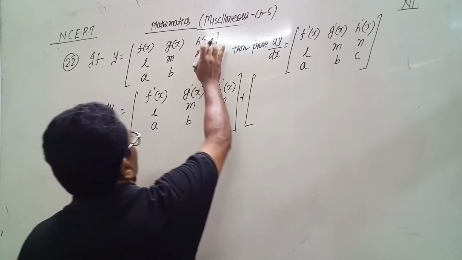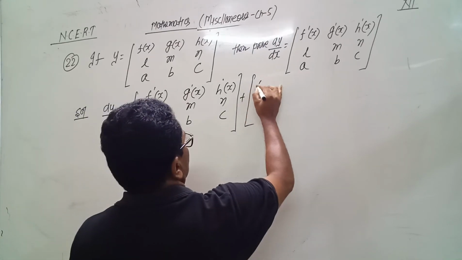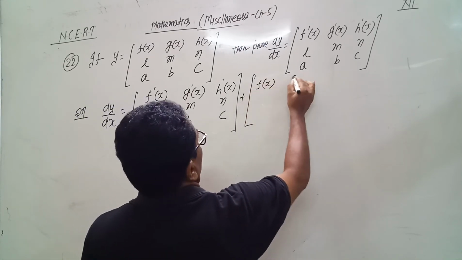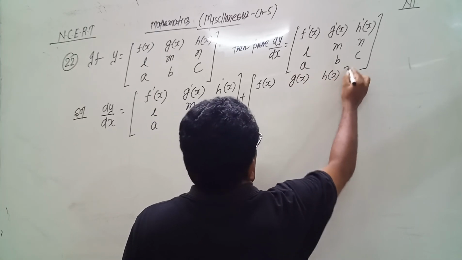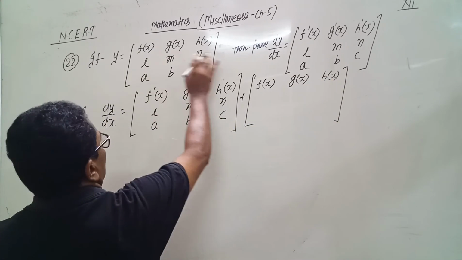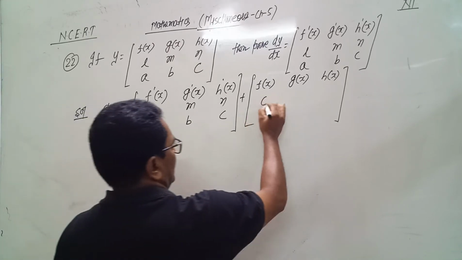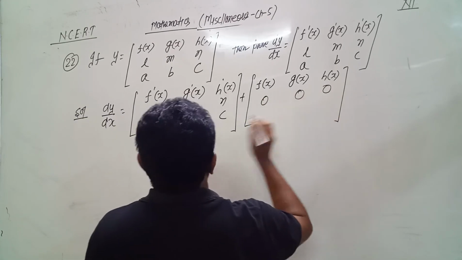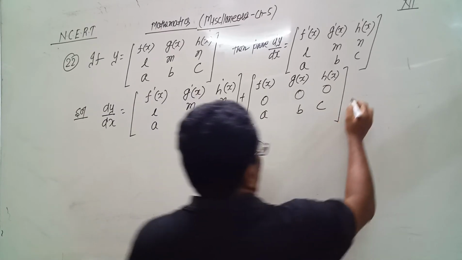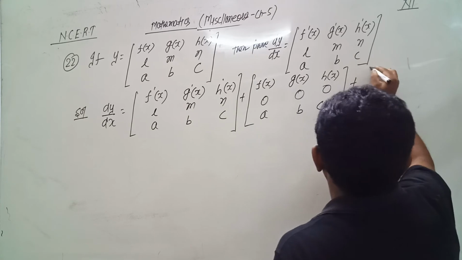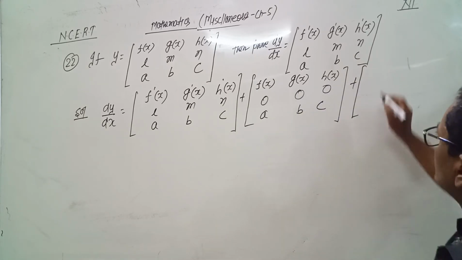In the second step, the first and third rows are written as it is: f(x), g(x), h(x), and the second row is differentiated. L, M, N are constant terms, so their differentiation will be 0, and the third row is written as it is, plus the first and second rows written as it is.